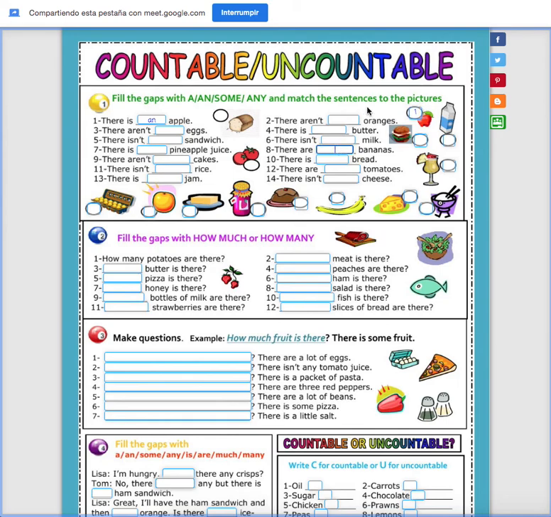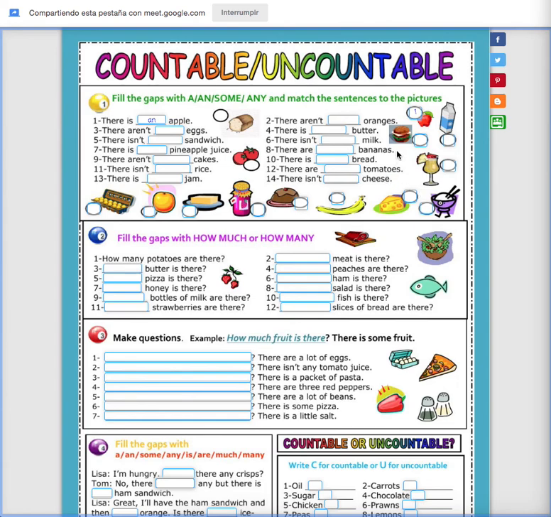I am going to help you with another one. For example, this one, number 8. There are some bananas. How can you complete? A, some, any. How can you complete it? Look at this. You have the plural form. So how can you complete? A, some, any. ¿Con cuál de las 4?